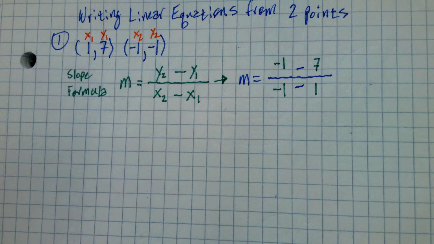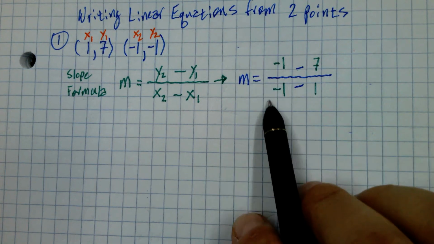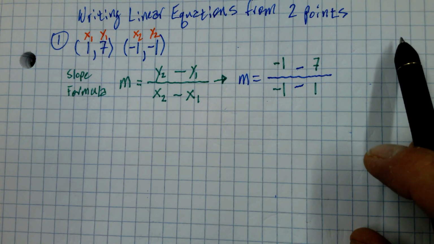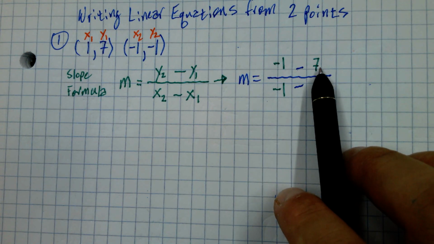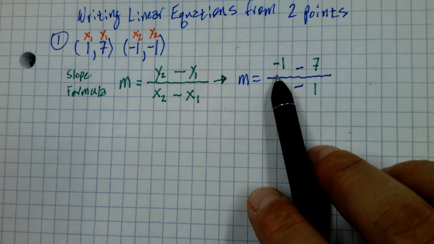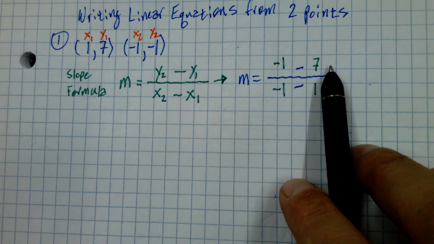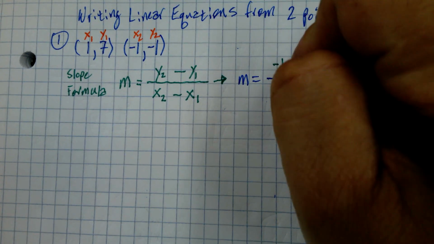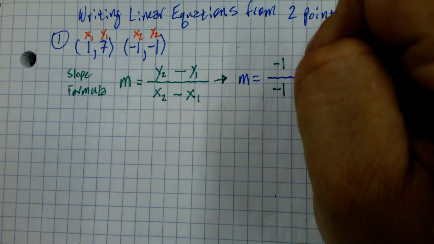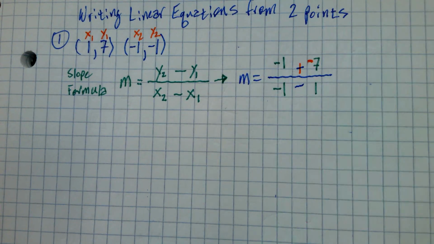Okay? Since I do have negatives, you see I have negative values, I'm going to go ahead and change this. Now, I really recommend, if you have negatives or if you're not sure what the answer is, do keep, change, flip, or keep, change, opposite. Keep the first number, change subtraction to adding, and then flip or reverse the sign on that one.